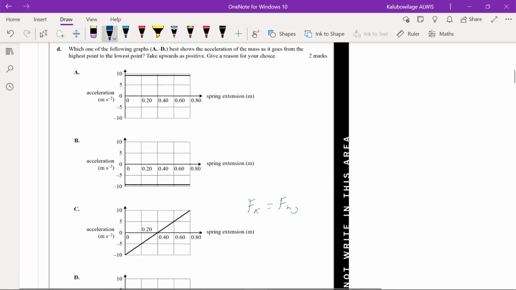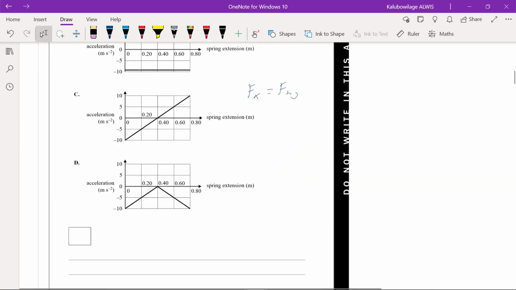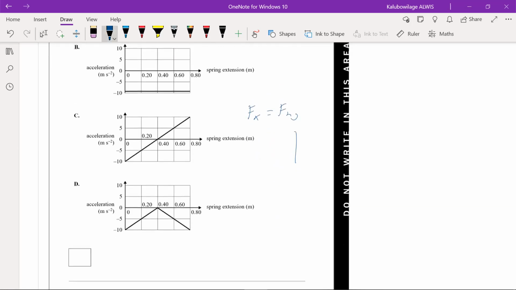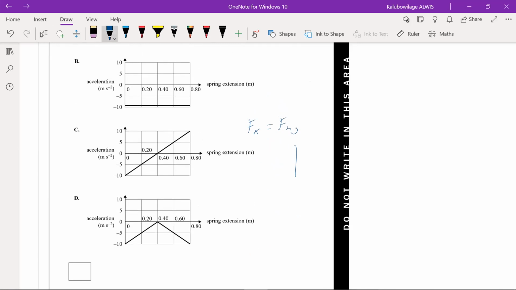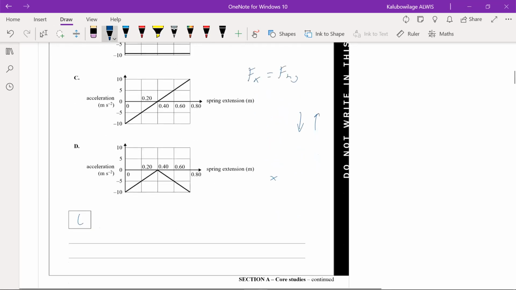So it can't be B or A, it's either C or D. And at the lowest point, it's all directional. So at one point, the acceleration will be up, and at another point down. So it can't be D, it has to be C.